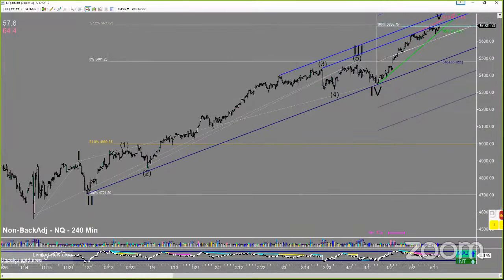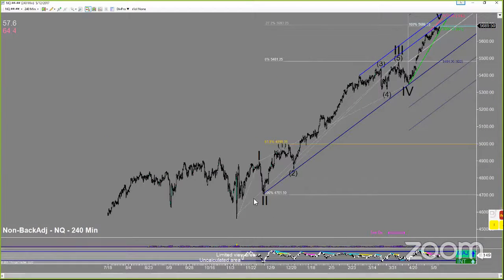But what we have here is what appears to be a complete section, a complete impulse move to the upside. So it is definitely looking like it is completing. You've got a pretty obvious set of 5 waves to the upside.